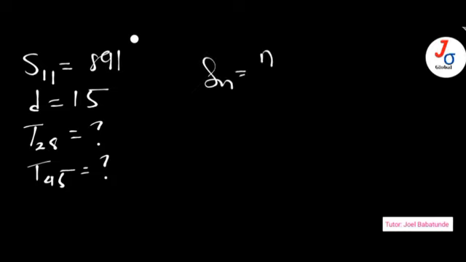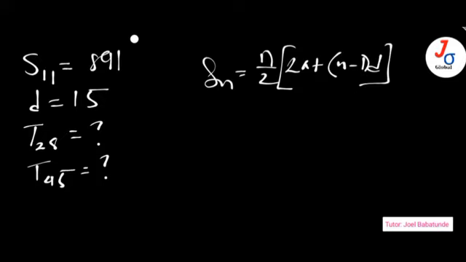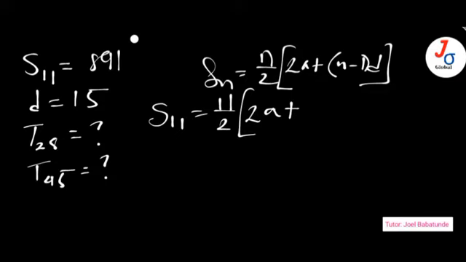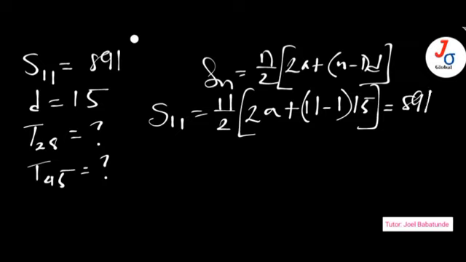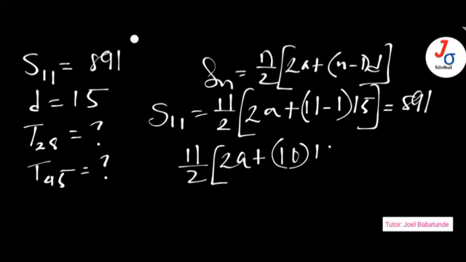Sn is equal to N over 2, 2A plus N minus 1 D. So that means S11 is equal to 11 over 2, that's the value of N, 2, we don't know what our first term is, A, plus N is 11, minus 1 times our D, which is 15, right? And that is equal to 891.